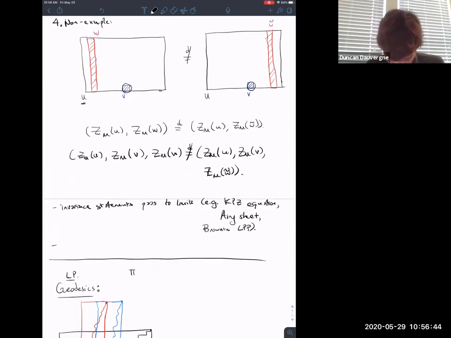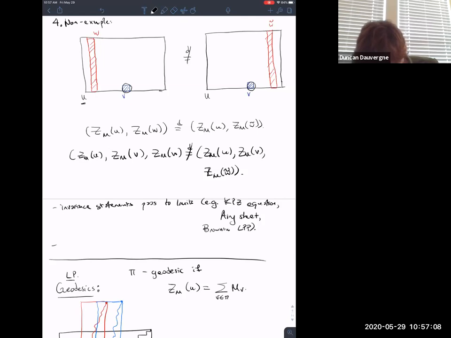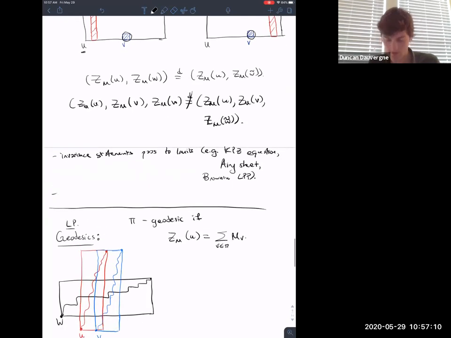So pi is a geodesic if Zm of U equals the sum over V in pi of MV.